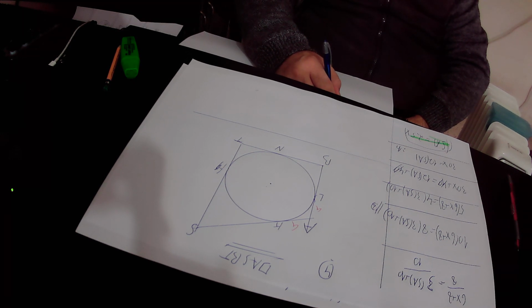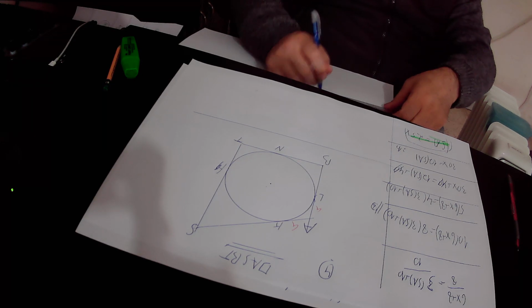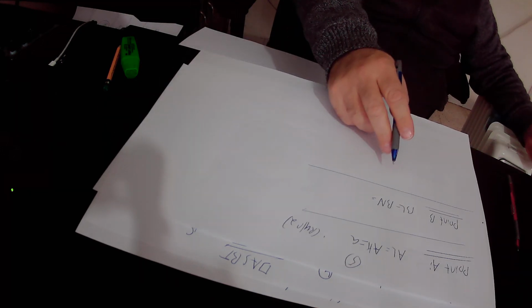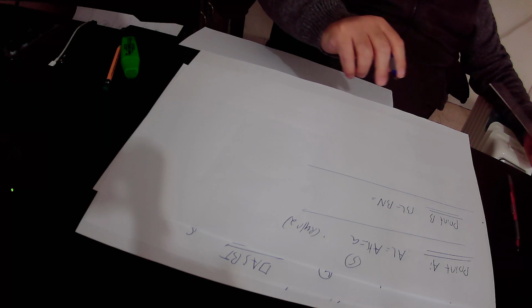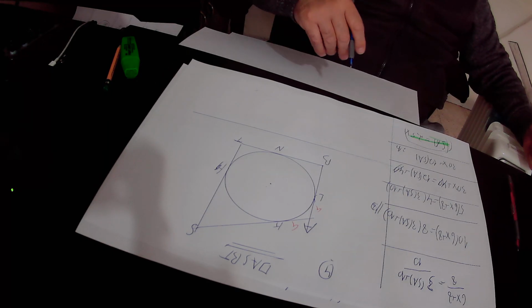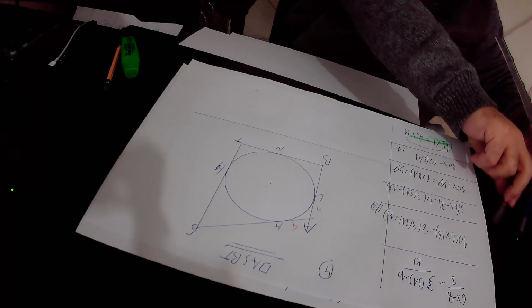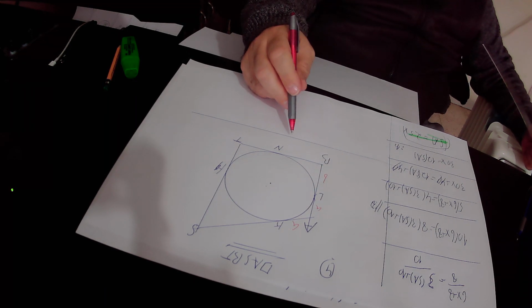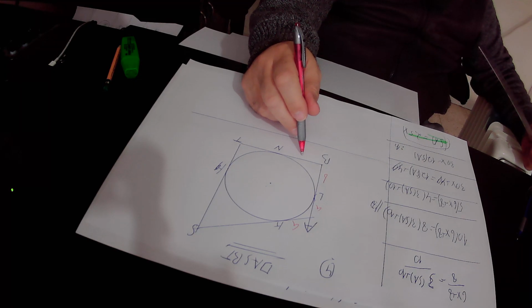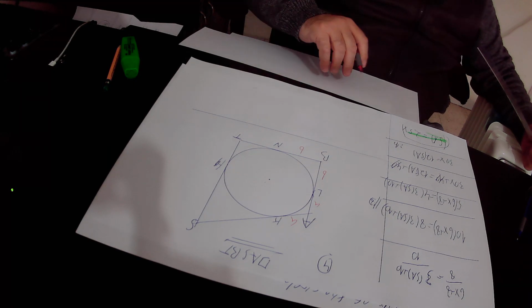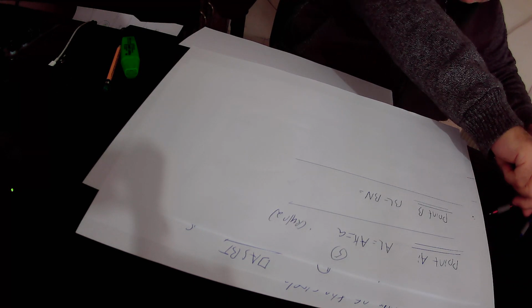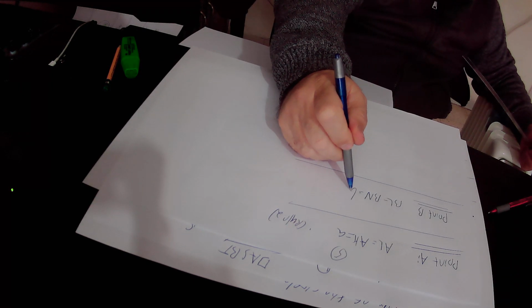That is to say, BL equals BN. So if we define the length of tangent BL as b, then the length of tangent BN must also be equal to b because they are equal to each other. So BL equals BN equals b.